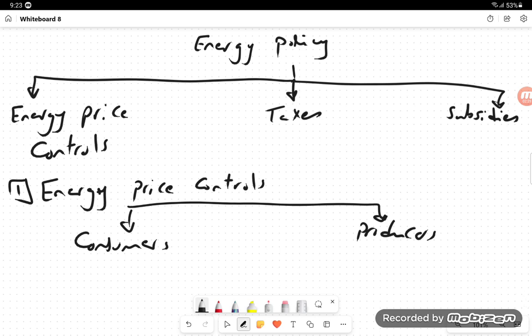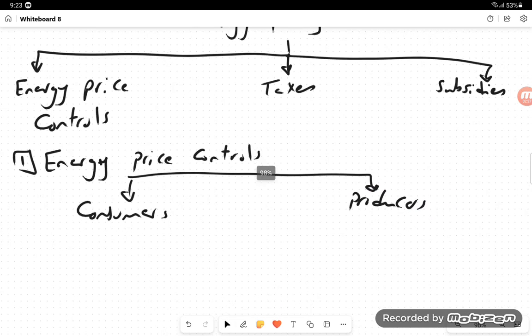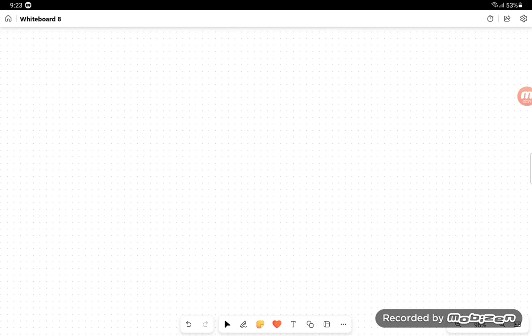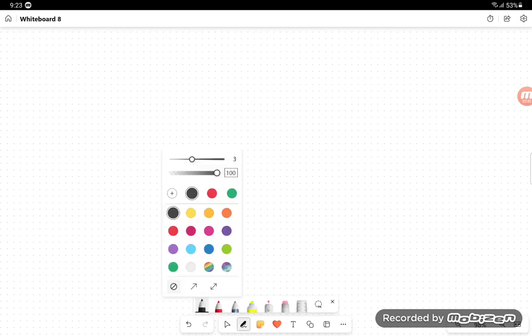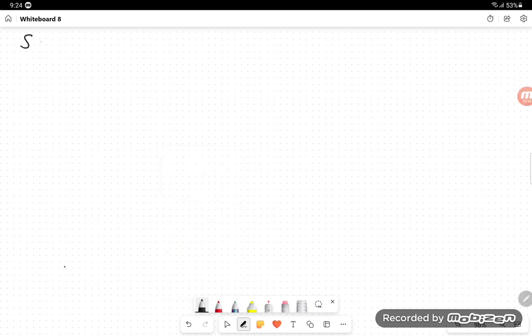How price controls can affect social welfare. So, let's start with the idea of social welfare before imposing the price control. Let's assume that we are going to study social welfare for a market of coal.